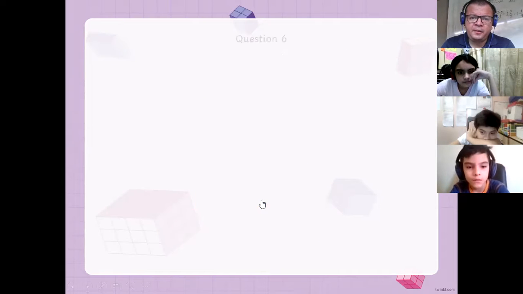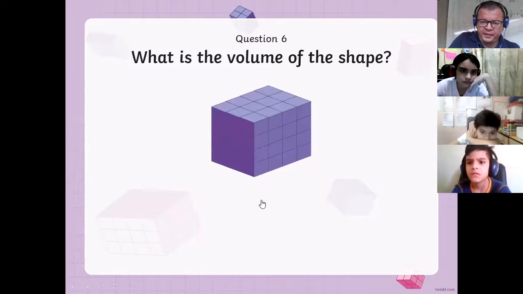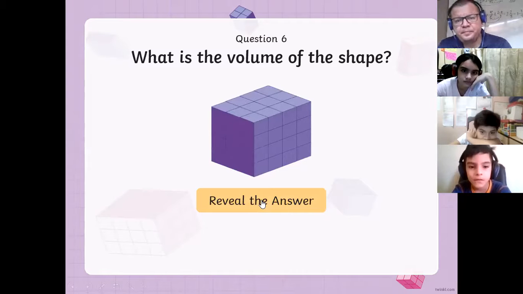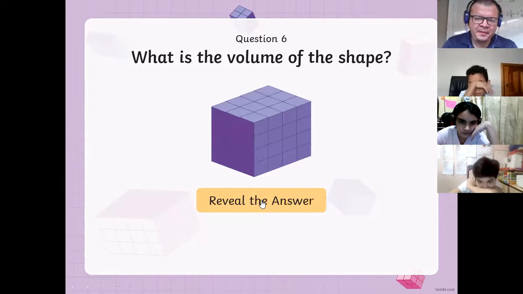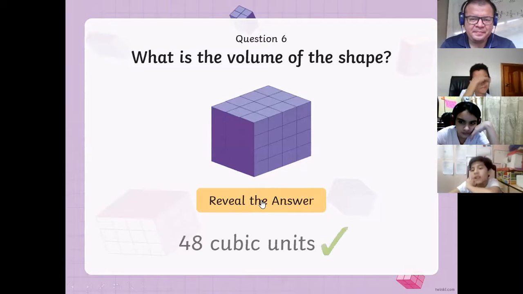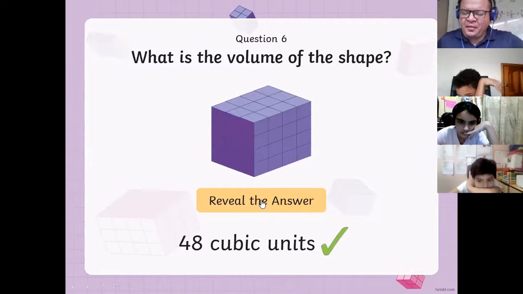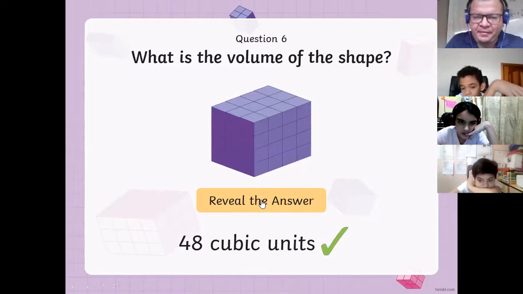And what is the volume of the following shape? 48 cubic units. Are you sure? 48. Okay, very good.